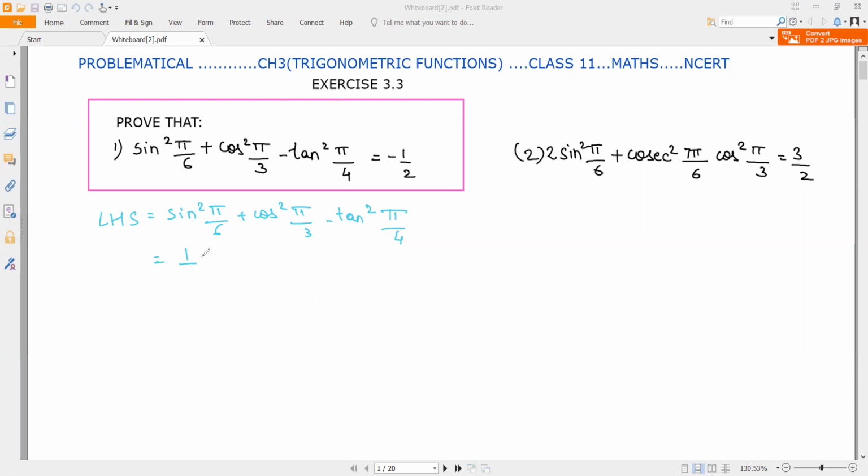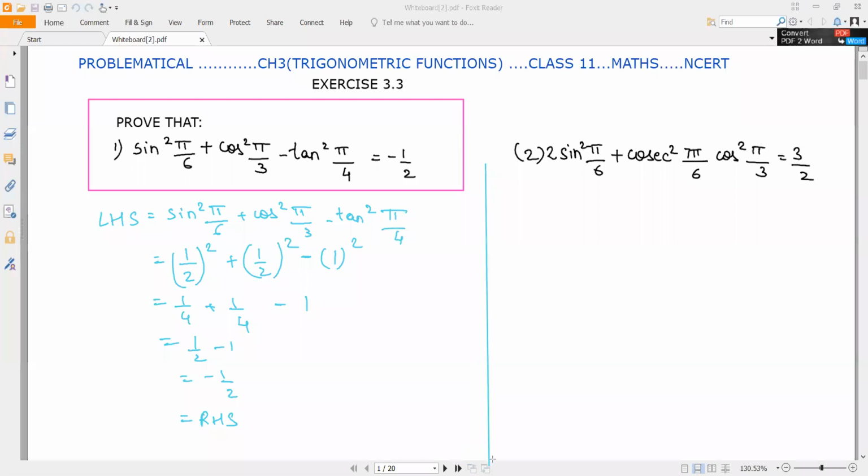So sine 30 is 1 by 2 whole square. Cos square pi by 3, cos square 60 is 1 by 2 again whole square, minus tan square pi by 4, which is 1 whole square. So this is 1 by 4 plus 1 by 4 minus 1. So this is half minus 1, which is minus 1 by 2, which is your RHS.